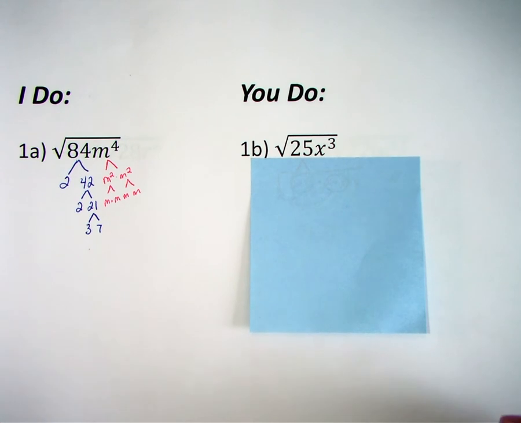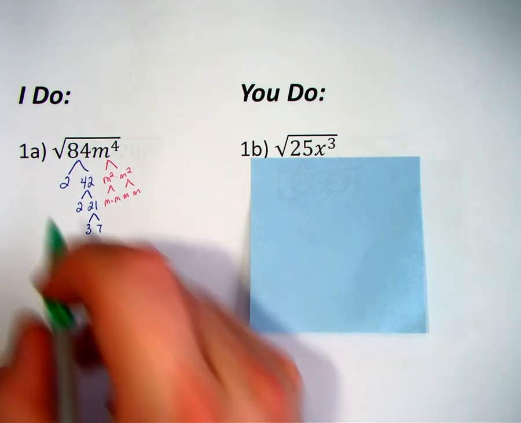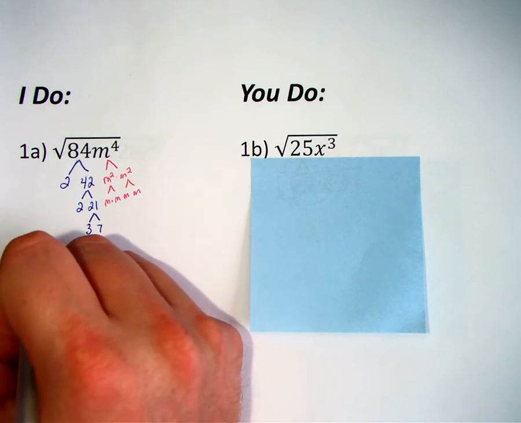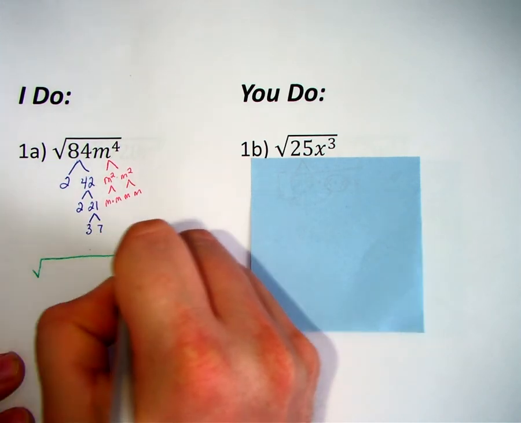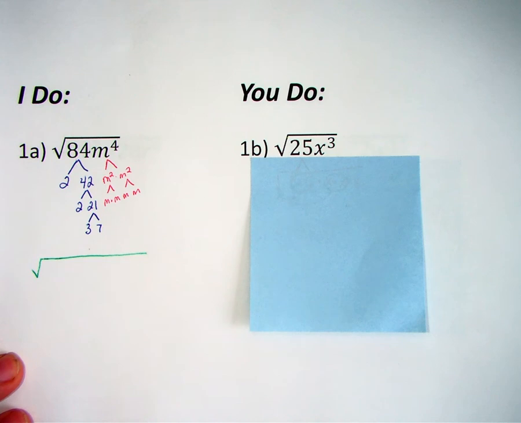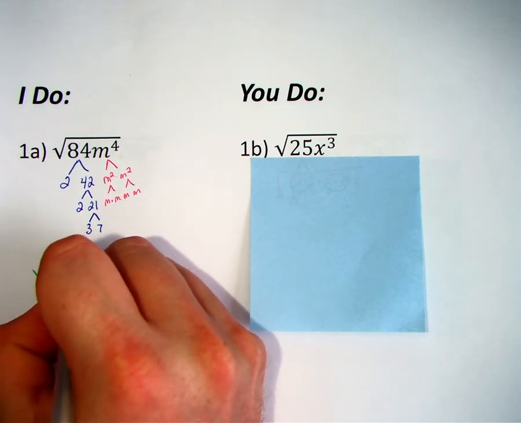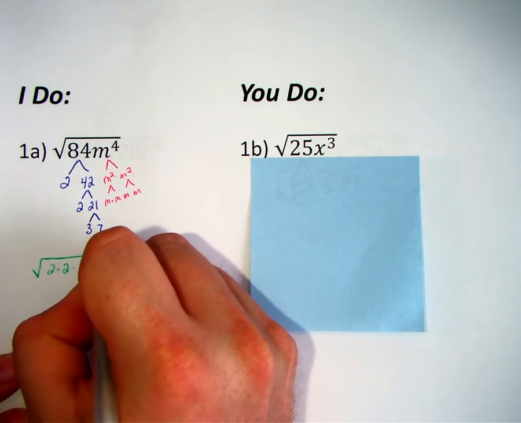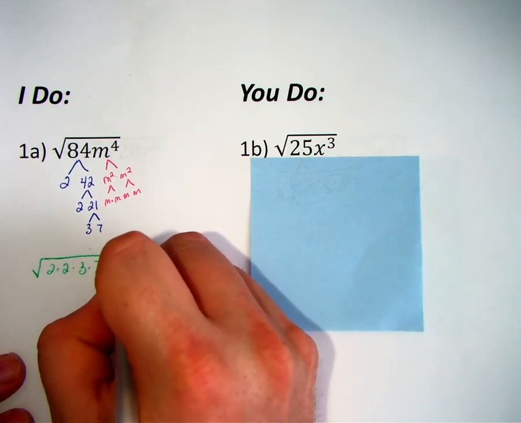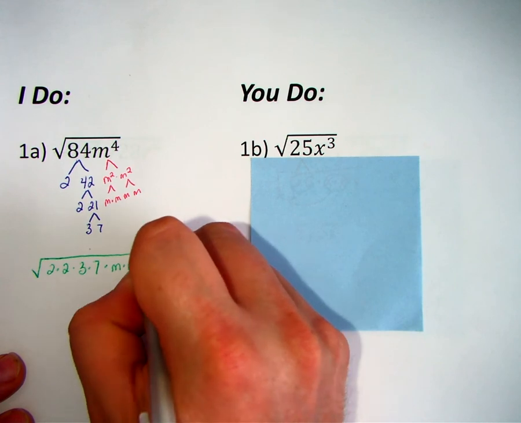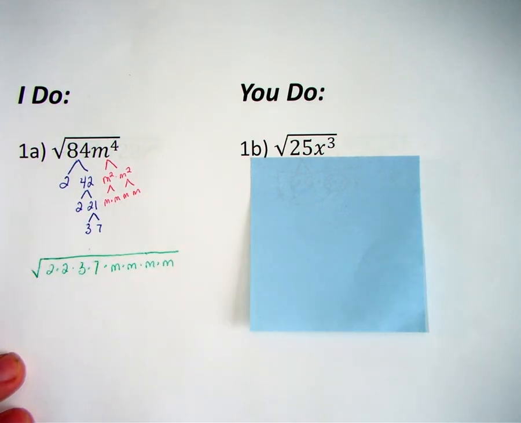Now, we're looking to remove our pairs, so let me write this all out in expanded form so it makes a little bit more sense what we mean by pairs. We have, in this radicand, square root of 2 times 2 times 3 times 7 times m times m times m times m. That is our expanded form within the radicand. And so we're looking for pairs.